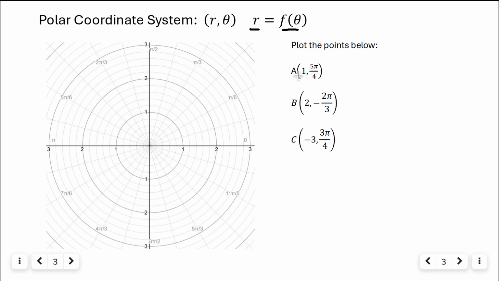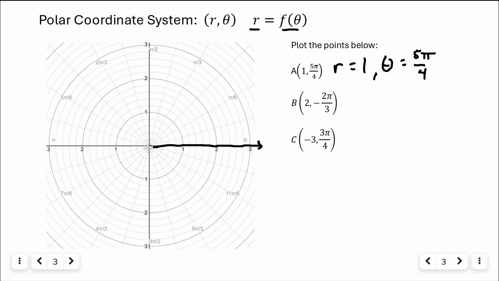So letter A, I want to graph or plot the point 1 comma 5 pi over 4, which means the radius is going to be 1, and I'm going to draw that point at the angle 5 pi over 4. Okay, so I need to find my angle first. Basically what I'm doing is my x-axis here, I'm going to draw in standard position. And then I'm going to draw 5 pi over 4.